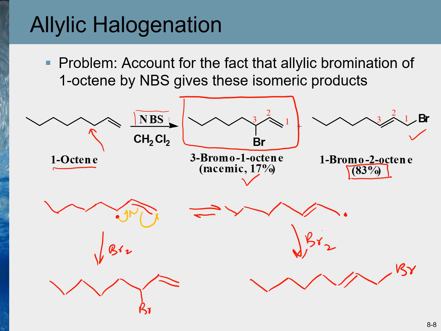Now, why is the 1-bromo the major product? The answer comes from the fact that in the number 1 product, the double bond is more substituted, and we know that the more substituted double bond is more stable. So hence this 1-bromo product is the major product because it ends up giving us a more substituted, more stable alkene.